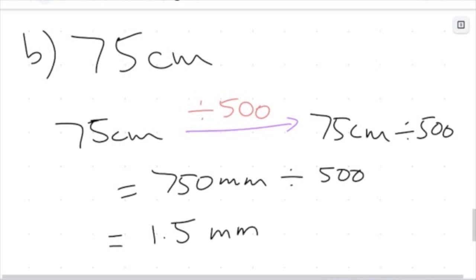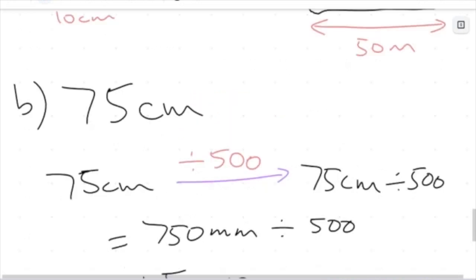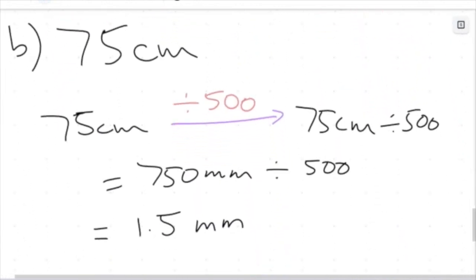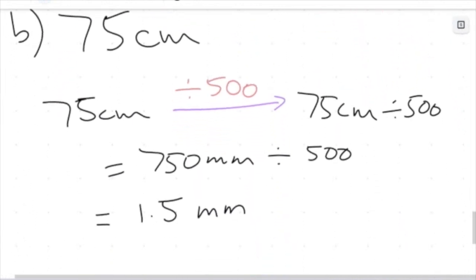So to show 75 centimeters on my massive boat, I'm going to be looking at a very small measurement on my model. I'm only measuring 1.5 millimeters. Now, if you guys have looked at a ruler, that's a very, very small part of my scale drawing. But this is how we can interpret our scale ratios here.